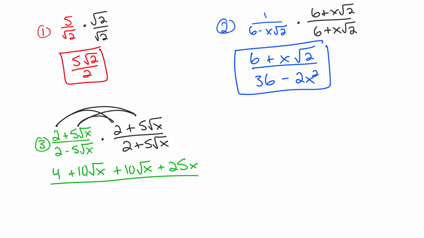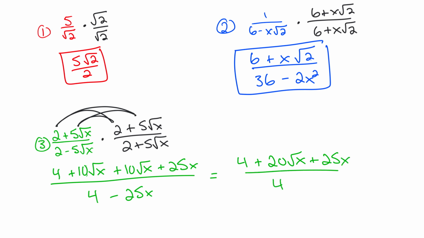And then the denominator is going to be the easier part because it's just the first term squared minus the second term squared. These two are like terms, which is why my final answer is going to be 4 plus 20 root x plus 25x over 4 minus 25x. And that is my final solution.